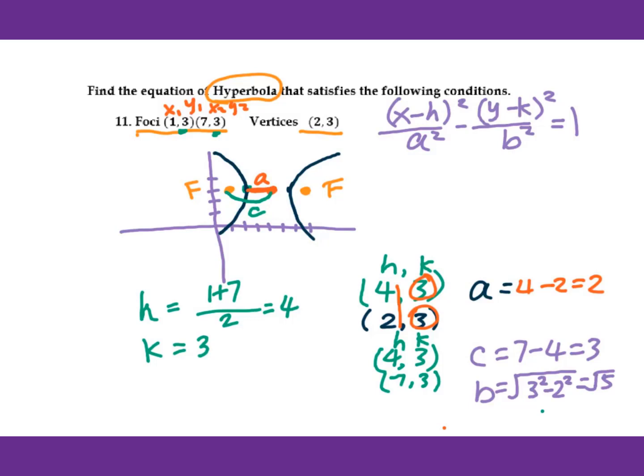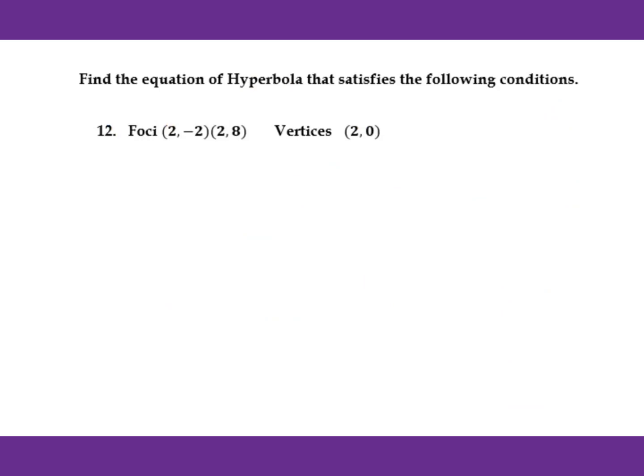Remember, for a, b, and c, we always follow by arrow. So a is horizontal, b is vertical. Therefore, a is below x squared. We already know this is a horizontal pattern. Therefore, we write down the equation (x minus 4) squared over 4 minus (y minus 3) squared over 5 equal to 1.